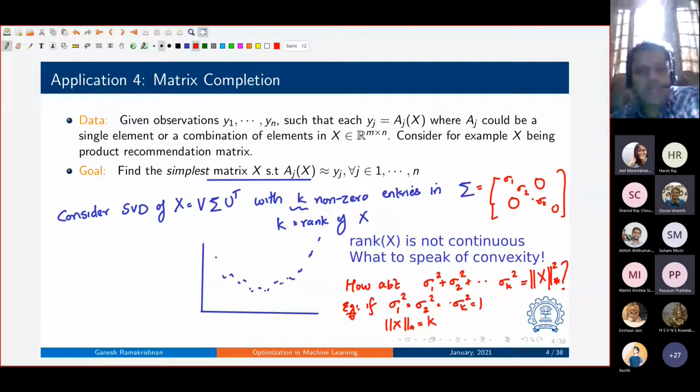So it looks like this can be used to approximate the rank. The issue is, of course, the sigmas could take large values, but they are at least positive, and sigma squares will not be negative.